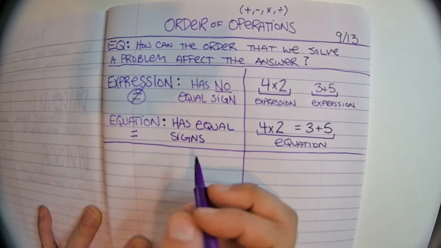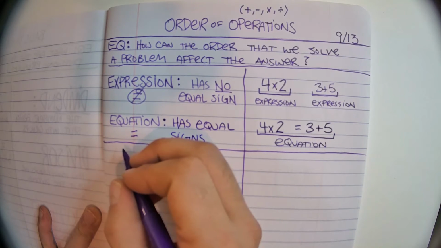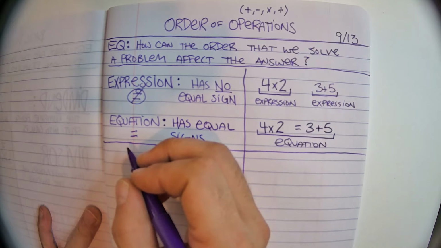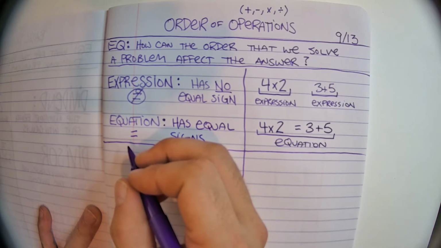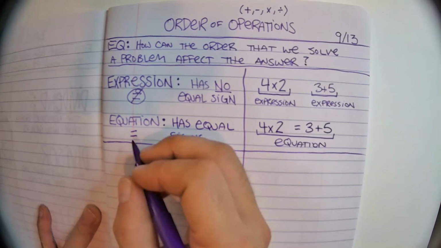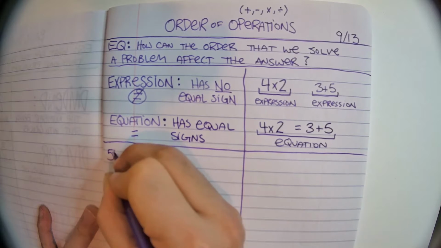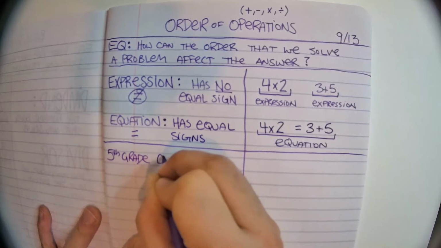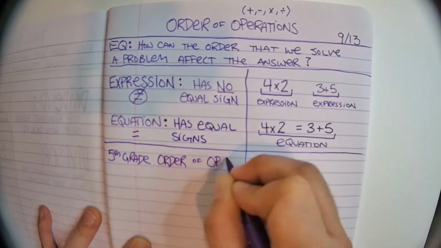Okay, so the first thing we're going to look at is our order of operations for this year. There are some things you won't see this year, so I don't want you to worry about them yet. But I'll even give you a hint about them in the notes, so you can have a little bit of insight into them before middle school. So the first thing we're going to look at is the fifth grade order of ops.